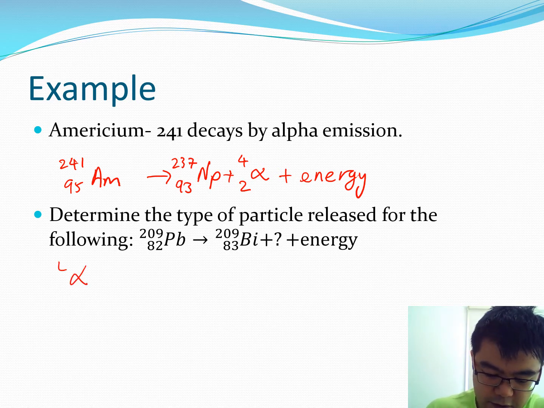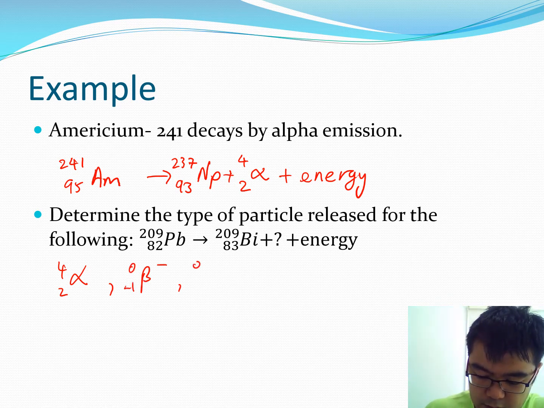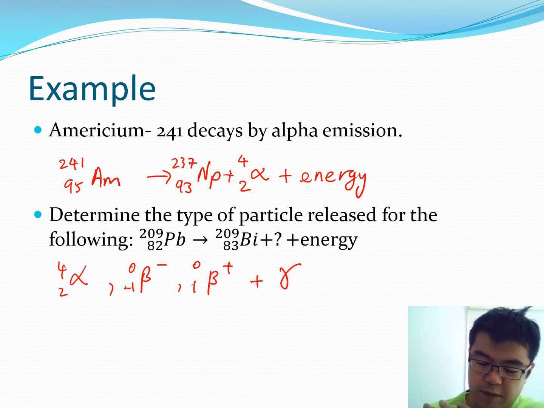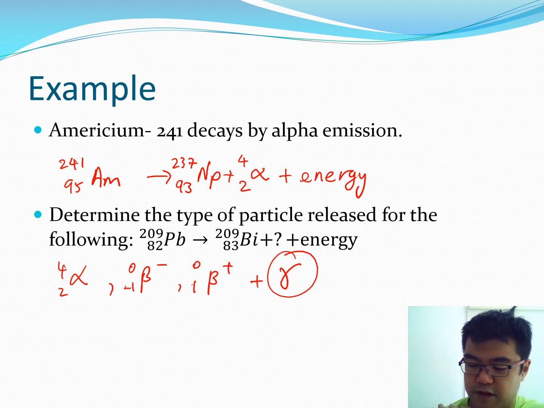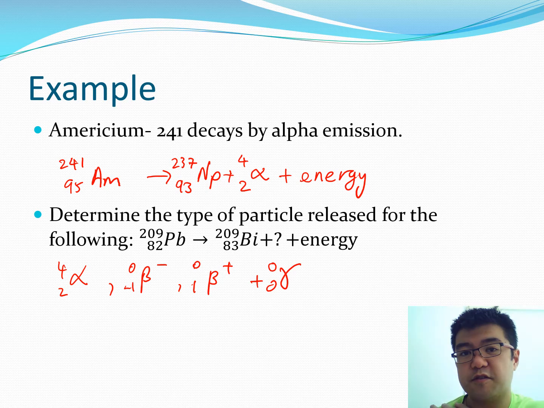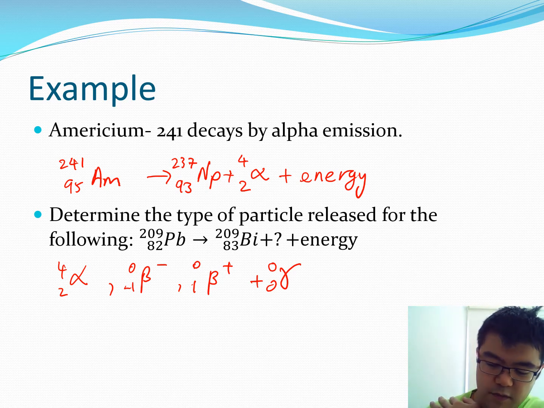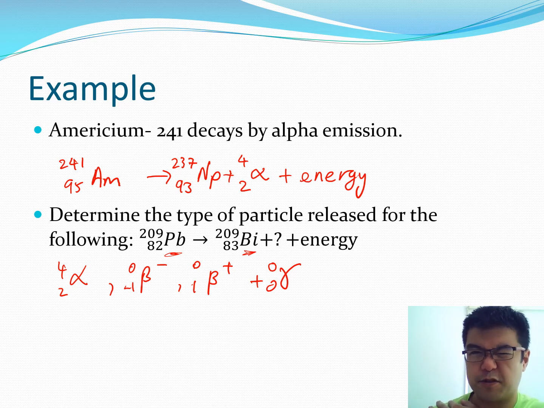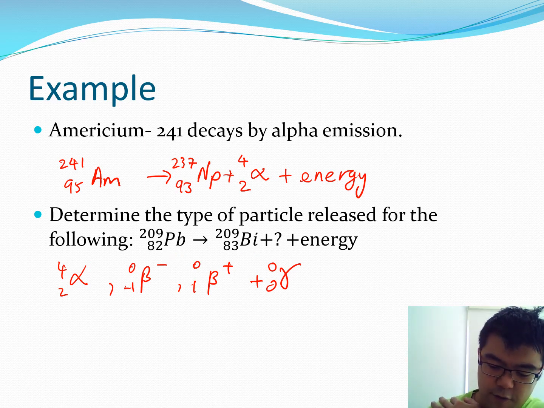So obviously we have alpha, beta minus, beta plus, and then gamma. With a gamma particle, notice that there is no plus or minus, or if you like I can put a 0, 0. It does not change the structure. If you have a look on this, it went from lead to bismuth, so the structure is changed. Therefore, it can't be gamma.